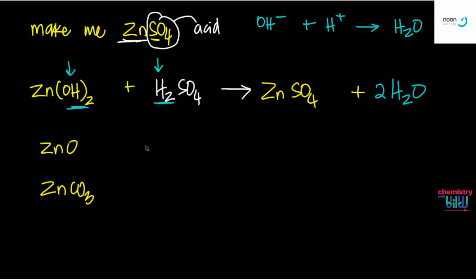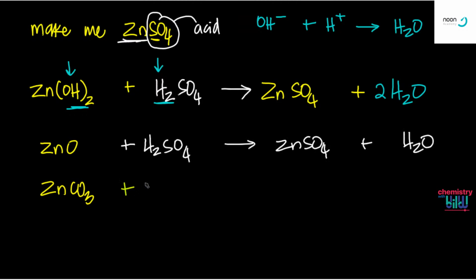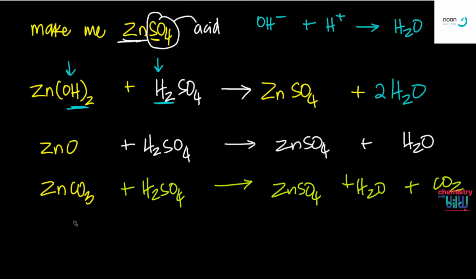If it comes from a metal oxide and you react with sulfuric acid, it does make zinc sulfate and 1 mole of water. Or even if you take the carbonate with H2SO4, it will still make the same salt, but it will make water also, and it will make carbon dioxide also.